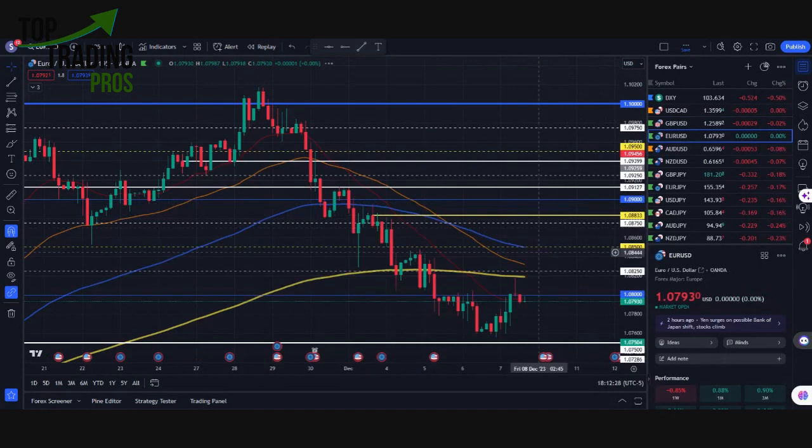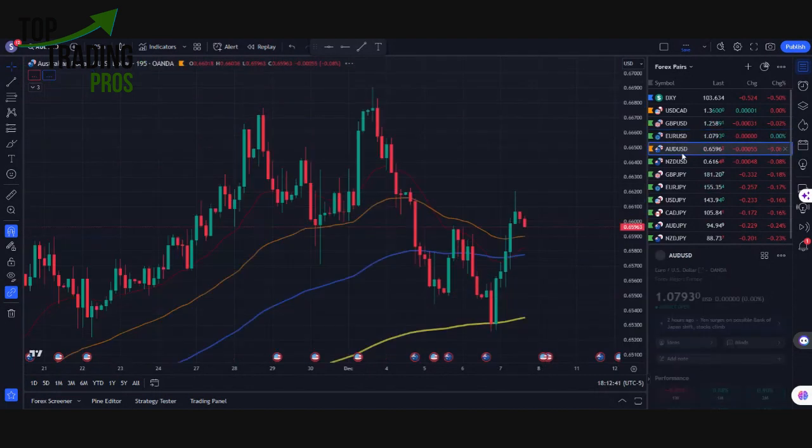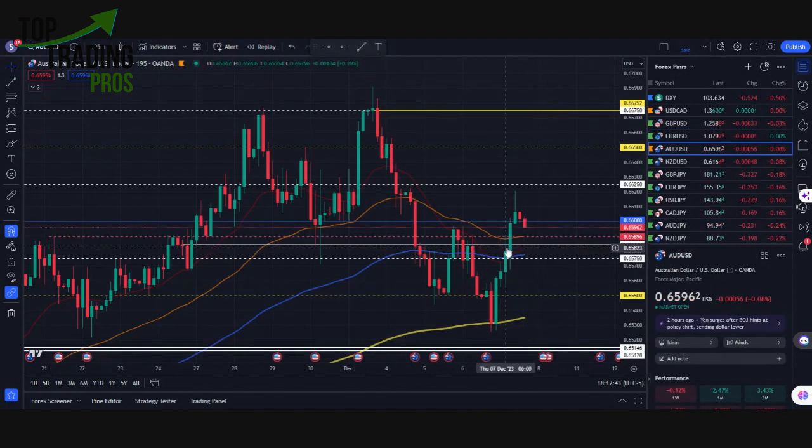We see for the EU idea, again, respecting the 20 period moving average. It came up here, got close to touching the 200 before retreating and coming back underneath all of its moving averages. Then for the AU idea, we talked about the bullishness of this one and how it made it back above all of its moving averages. We also talked about the importance of holding on to 66.